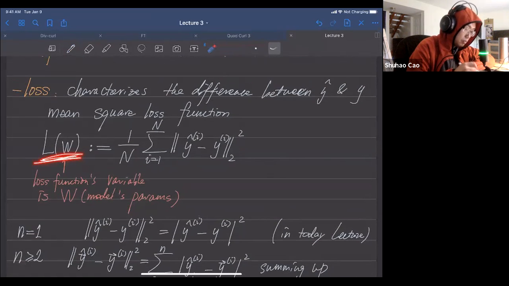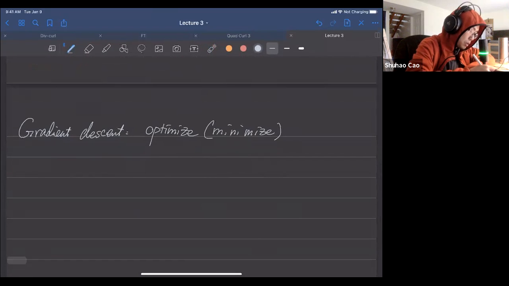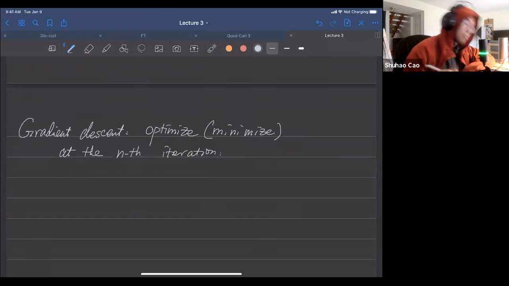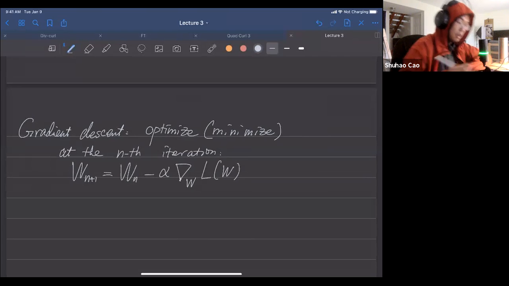Which is, at the nth iteration, we have W_{n+1} equals W_n, subtract, this is gradient descent, alpha times the gradient with respect to W of our loss function.